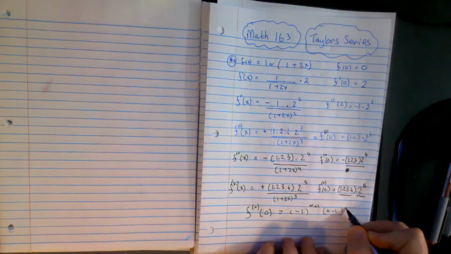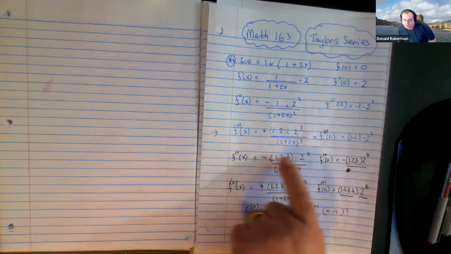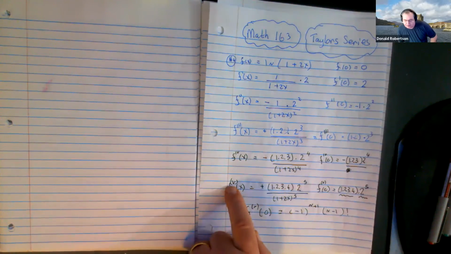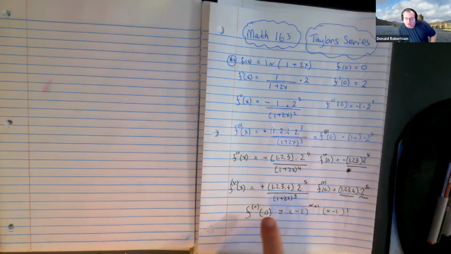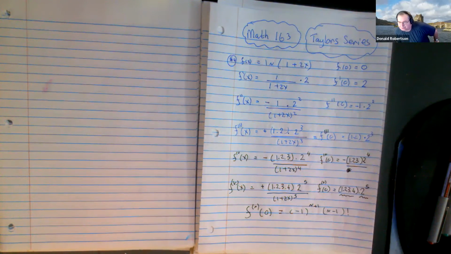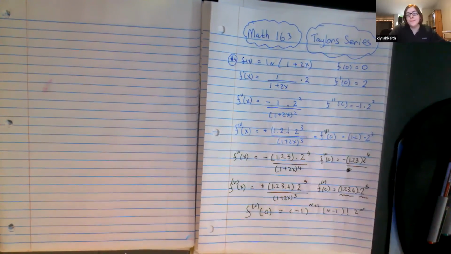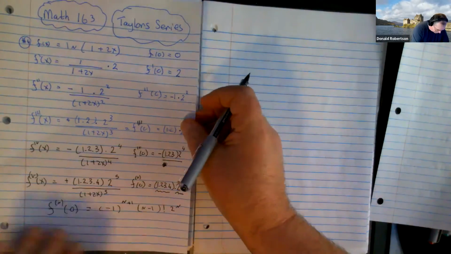Great. Now, the second bit is the 4th derivative is 2 to the 4. The 5th derivative is 2 to the 5. So what do you think the nth derivative should be in this story? 2 to the n. And that package is pretty much the hard part over.